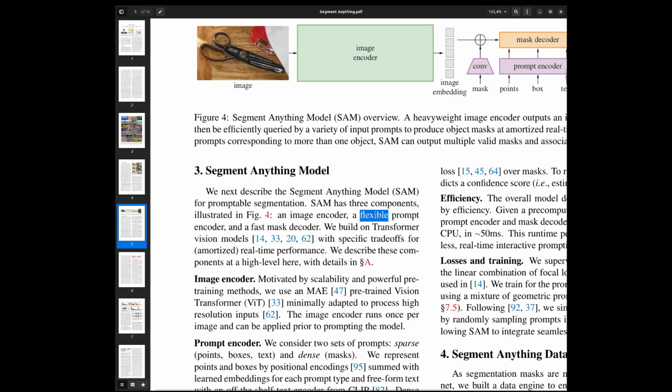Flexible means that it can bend, and fast is fast on which kind of metric? We build on transformer vision models with specific trade-offs for amortized real-time performance. This is my favorite, amortized real-time performance, whatever that means.